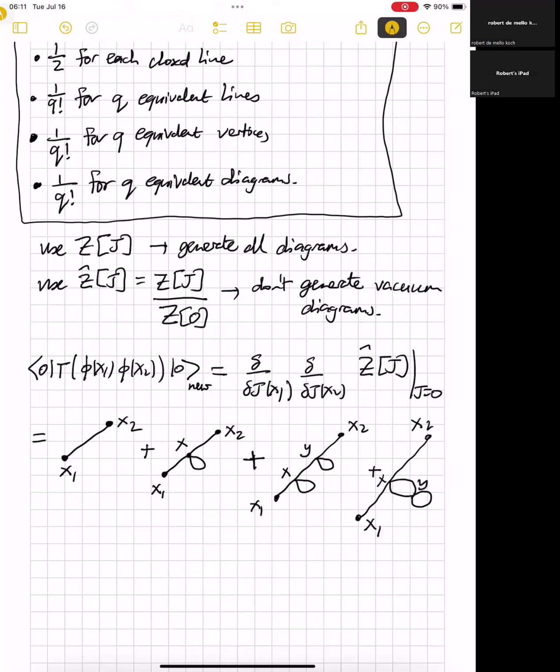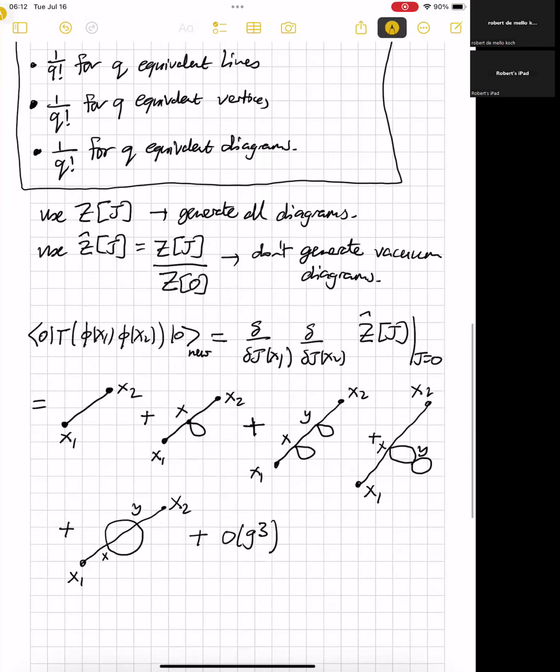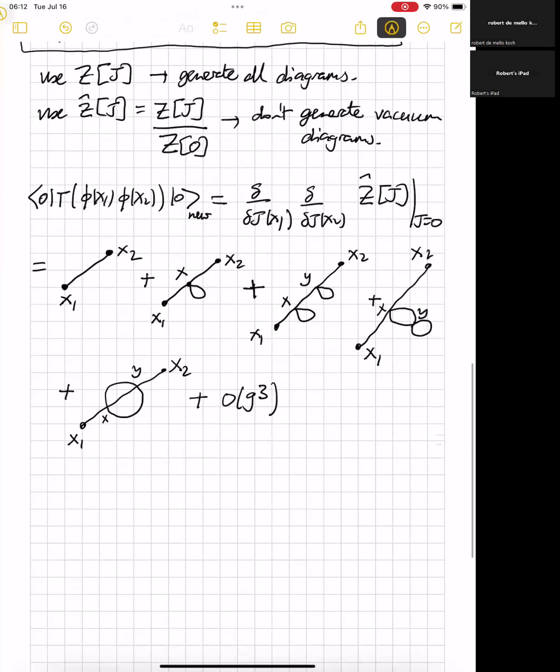This vertex is at y. And finally, we've got this diagram. We go from x1 to x2. We can put this vertex at x, this vertex at y, and then there would be order g cubed. Okay, so we've written down this 2-point correlation function in the interacting theory up to and including order g squared.